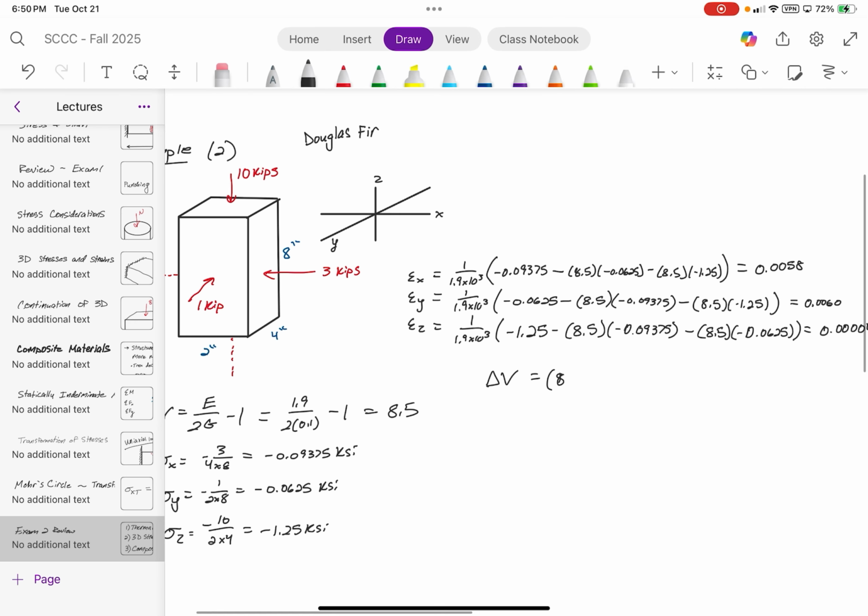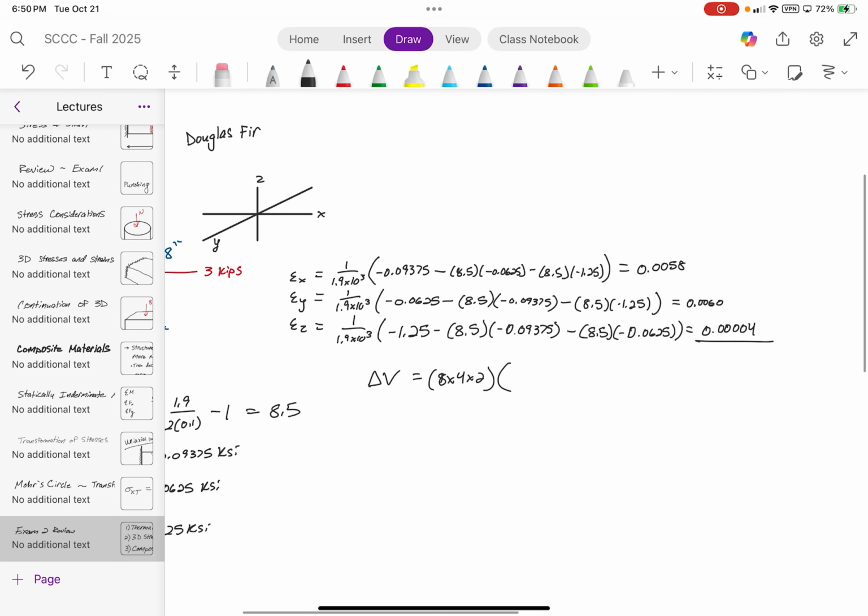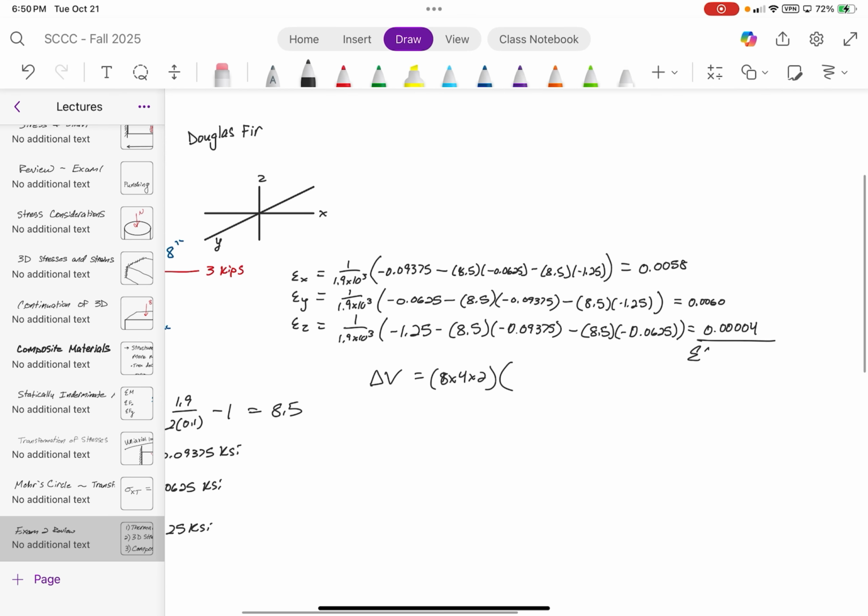So V naught is just 8 times 4 times 2 times, you need the sum of this. This is going to be roughly 0.01184.